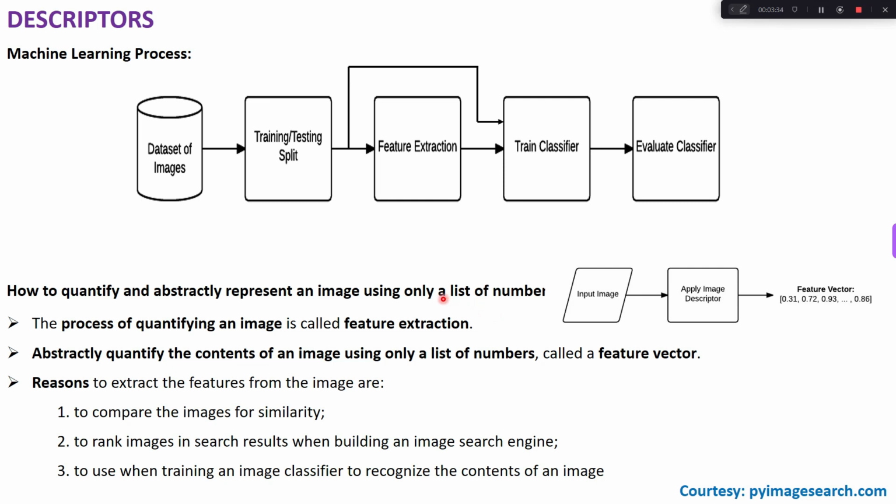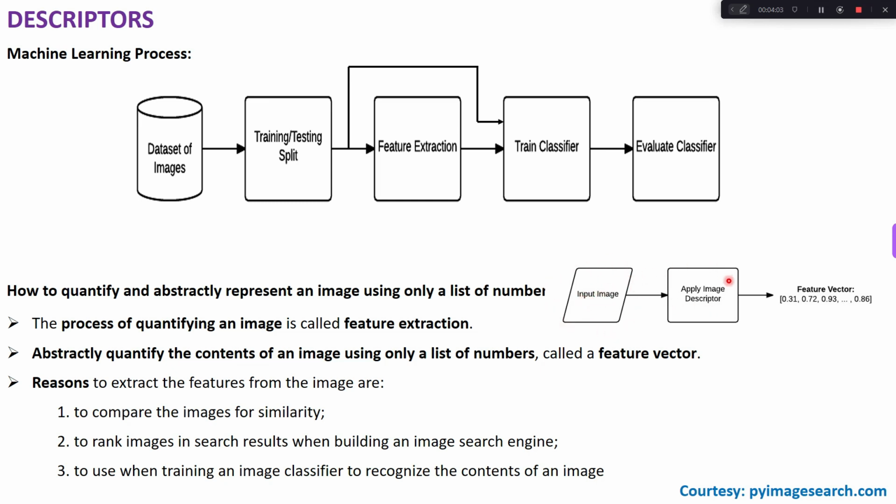Now the question is how to represent this abstract information as a number. The process of quantifying an image is called feature extraction. We abstractly quantify the content of an image using only a list of numbers. We use some numbers to represent the information in an image, and we call it a feature vector. Here I show a diagram where we take an input image.